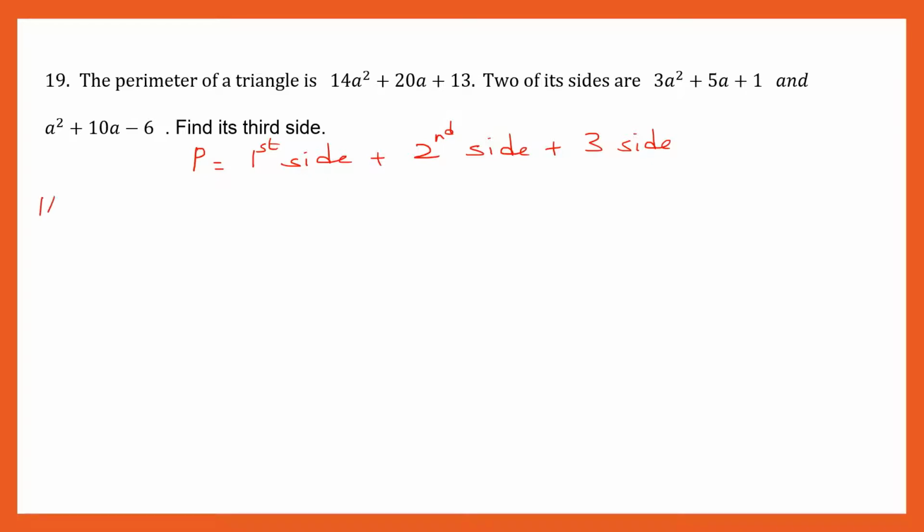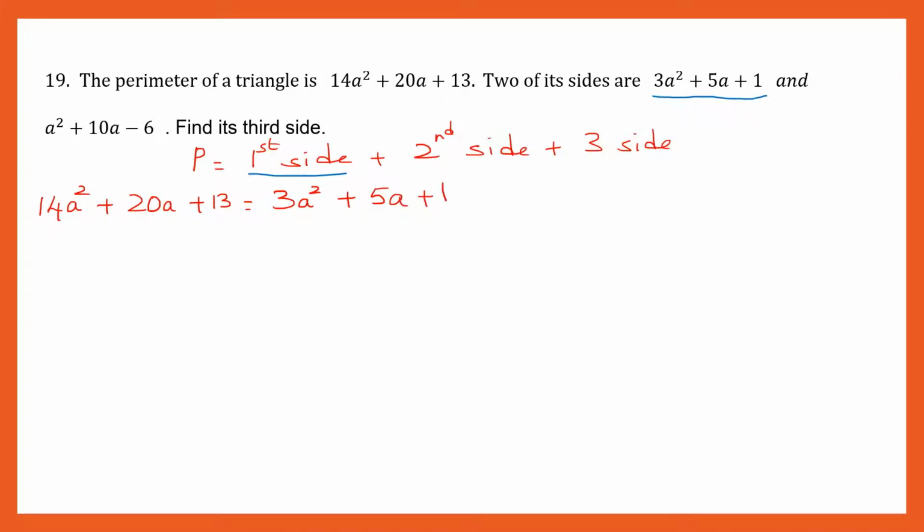Now here, the perimeter is given to us. Let's write it down. 14a square plus 20a plus 13 is given to us. 2 sides are given. So let's write down the first side. First side is this one: 3a square plus 5a plus 1.